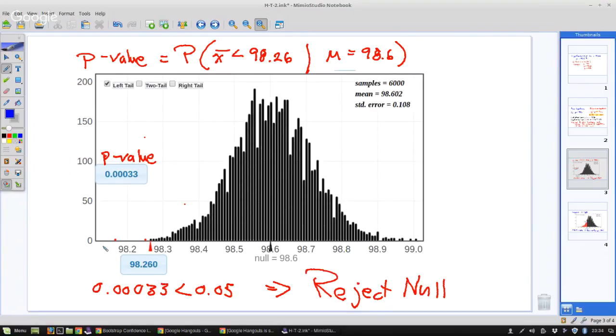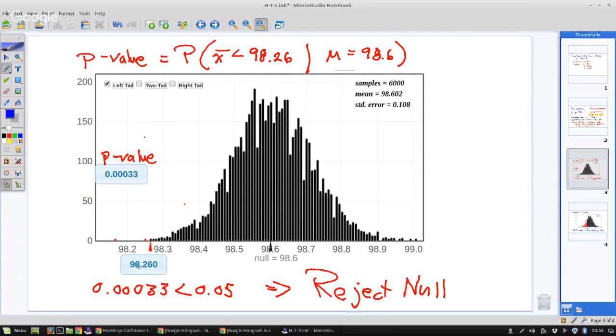That's pretty unusual. Would you agree with that? My random sample is good. So the probability that a random sample is less than 96, given that the population should be 98.6.